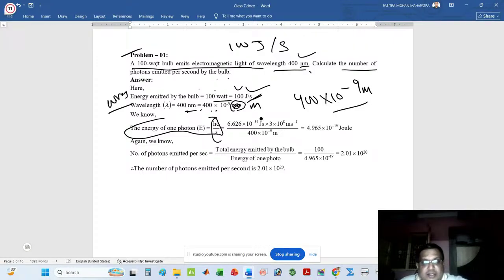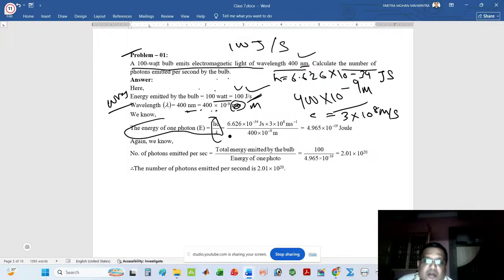Here we know the value of h. Planck's constant is 6.626 into 10 to the power minus 34 joule into second. This is the value. Look at that. Velocity of light is 3 into 10 to the power 8 meter per second.